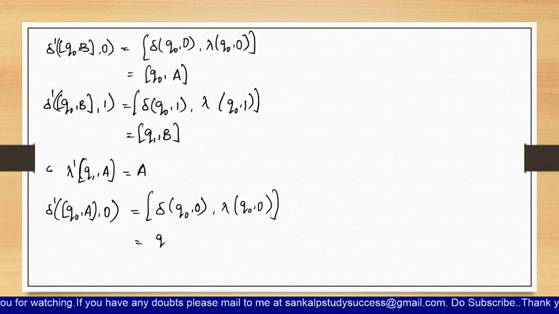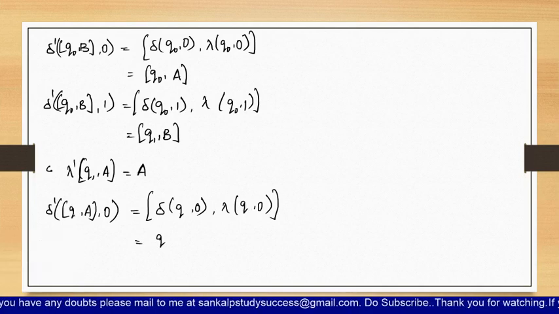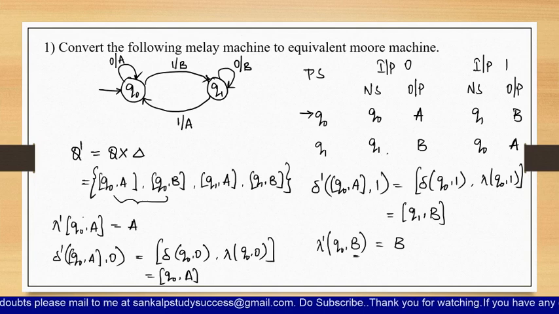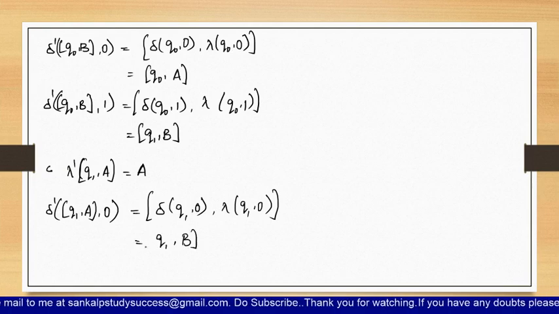Here, sorry, it is not Q0, which is Q1 actually. So this is nothing but Q1. (Q1, A), which is (Q1, 0) and (Q1, 0). So for (Q1, 0), which is nothing but Q1, and the output is B here. So (Q1, B).